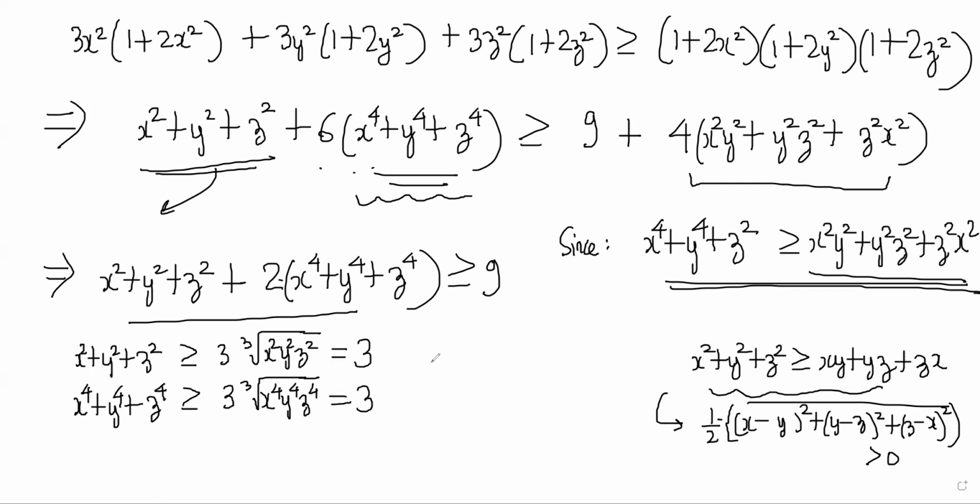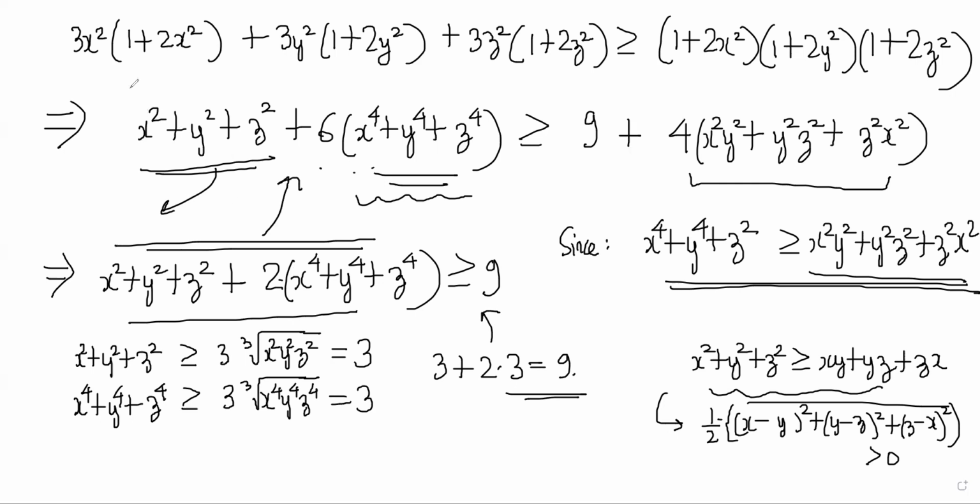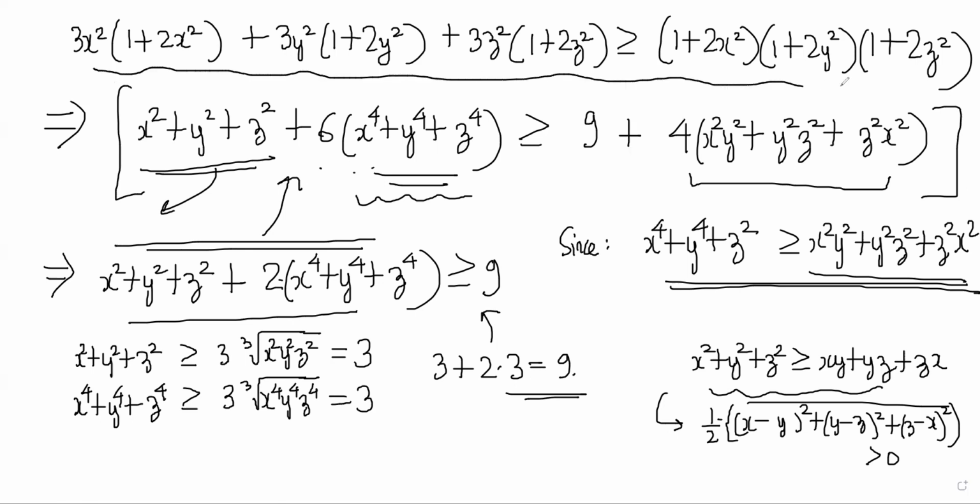So we have here 3 plus 2 into 3, which is equal to 9. So basically we can show that this is greater than or equal to 9, which means this inequality is true. And this inequality is true means this is true, and our original inequality was equivalent to this. So hence we have proved the original inequality. It requires some algebra at many of the steps, but eventually we are able to get there, right?